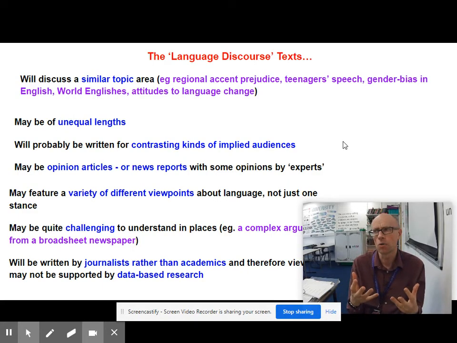Often they are quite mixed and varied within these individual texts. Because this is advanced level English, they're likely to be quite challenging to understand in places. So you might get quite a complex argument from a broadsheet newspaper. And the point about these texts is that they tend to be written by journalists rather than academics, and therefore they may not be supported by data-based research.